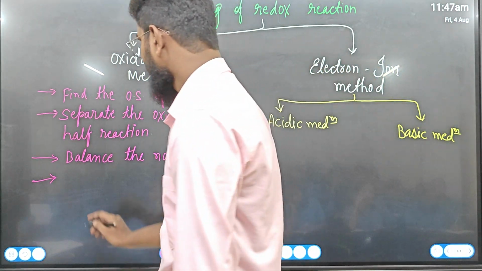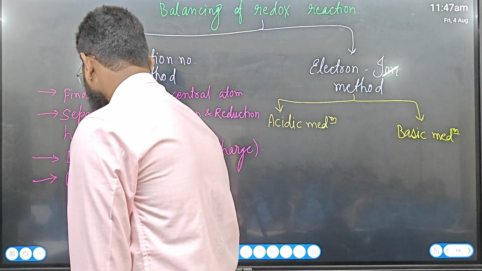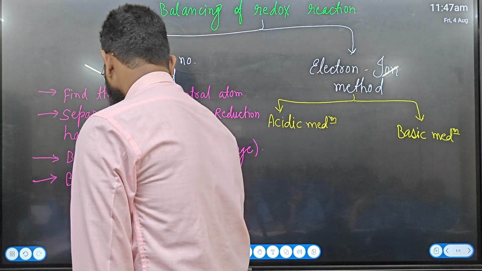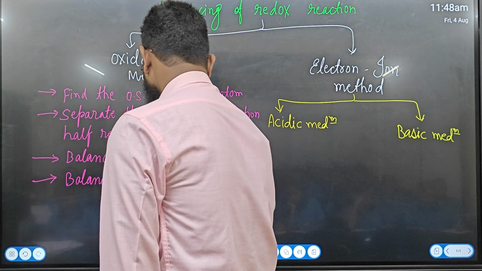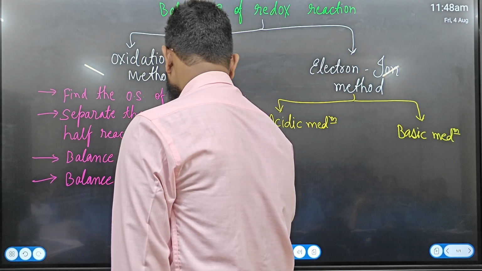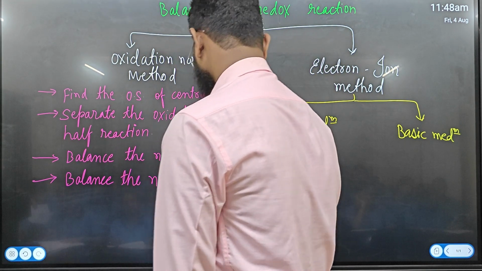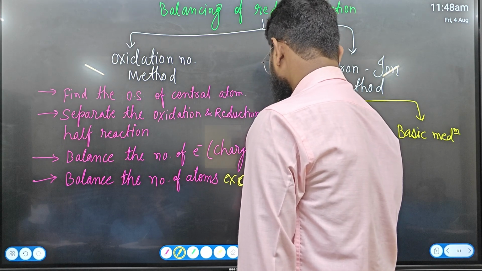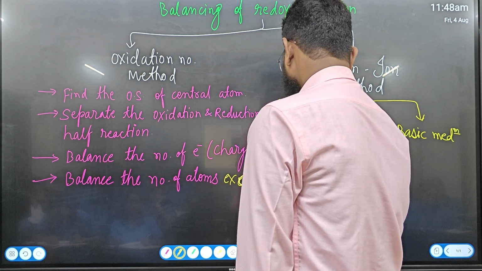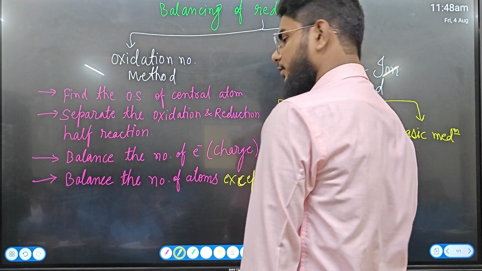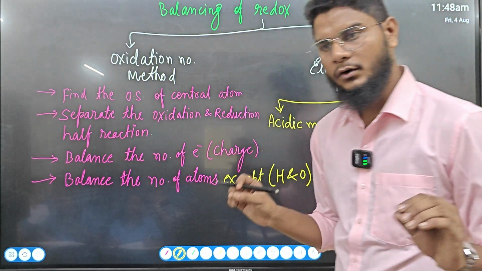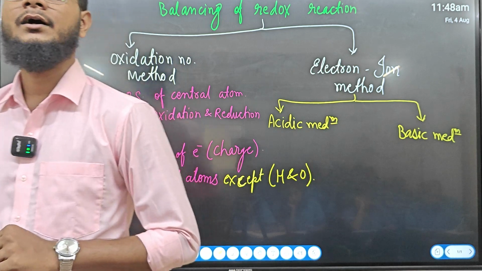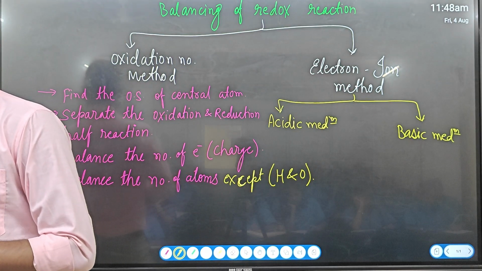After that, balance the number of atoms except hydrogen and oxygen. Balance all the atoms except hydrogen and oxygen.